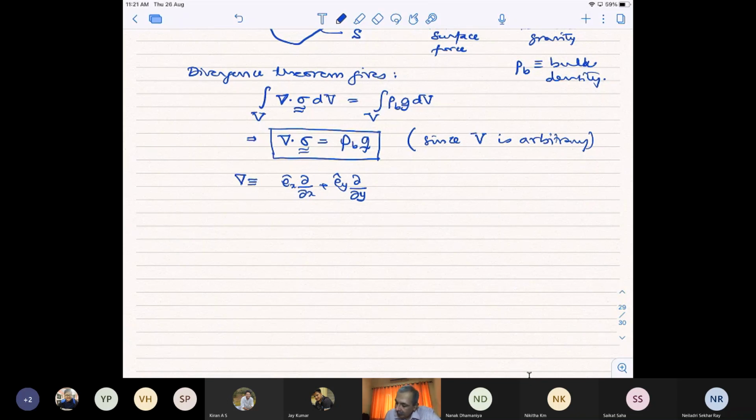If we simplify everything out, then this divergence will give us a vector equation, so we can write it in component form as sigma xx, and so on, where gx is the component of the gravity in the x direction, and similarly in the y direction, the balance is.